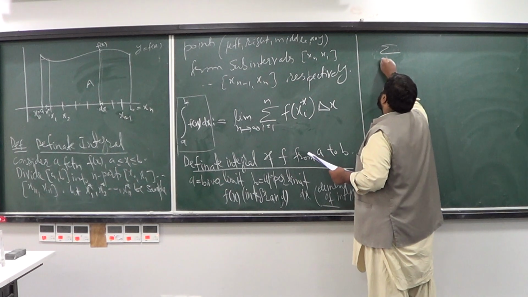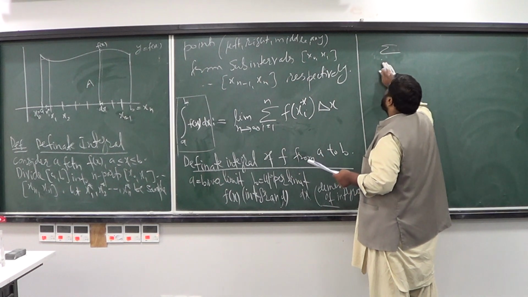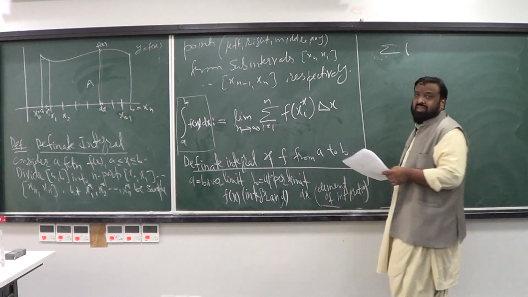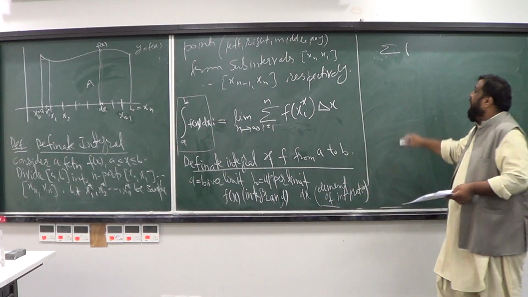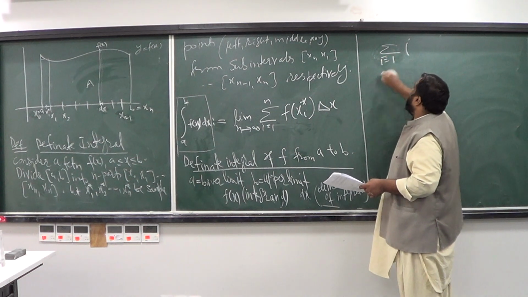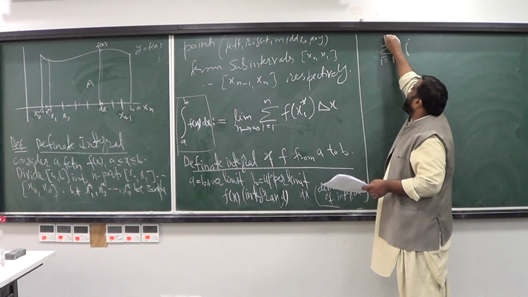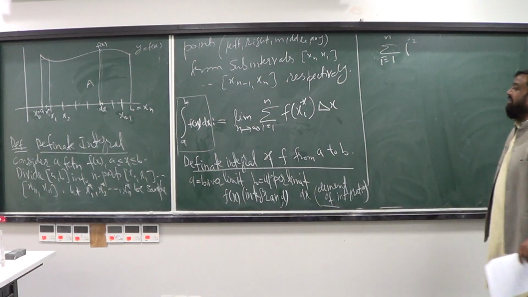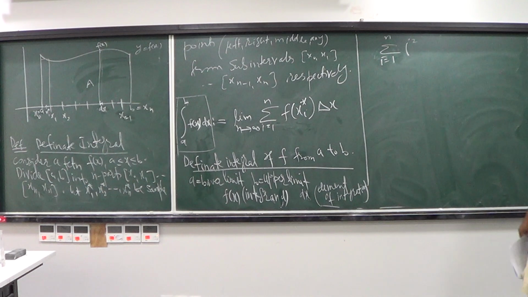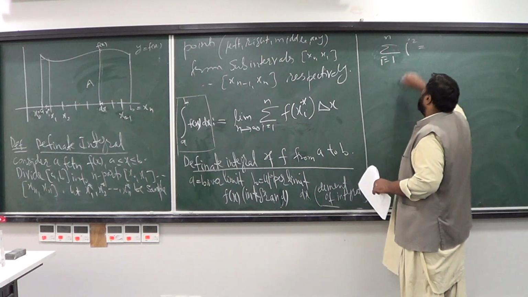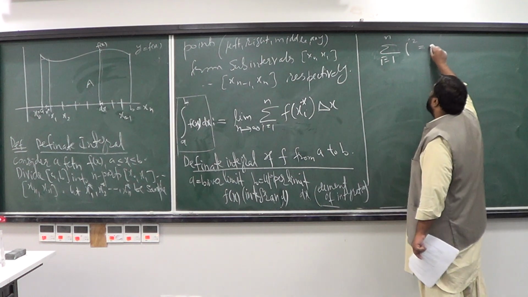Sigma means the sum of a formula. I can have some formula, say i, that starts from 1 and goes up to n. Say the formula is i square. This is a shortcut way to write an expression. So what is that expression?